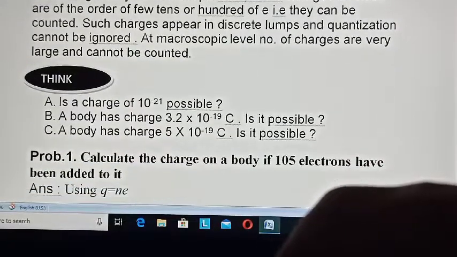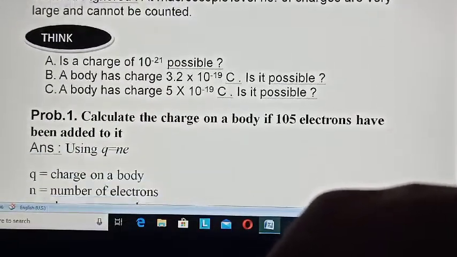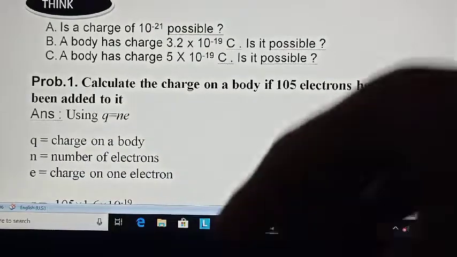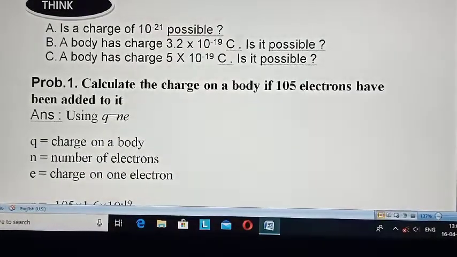So let us think about this. Number A, is a charge of 10 to the power minus 21 possible? Now in this you can see that the value is less than the electronic charge, which is 1.6 into 10 to the power minus 19 coulomb.